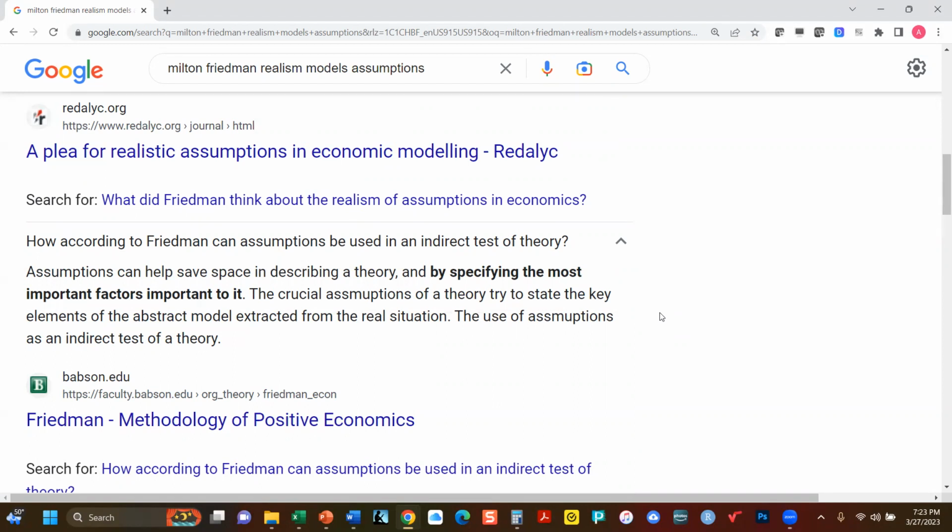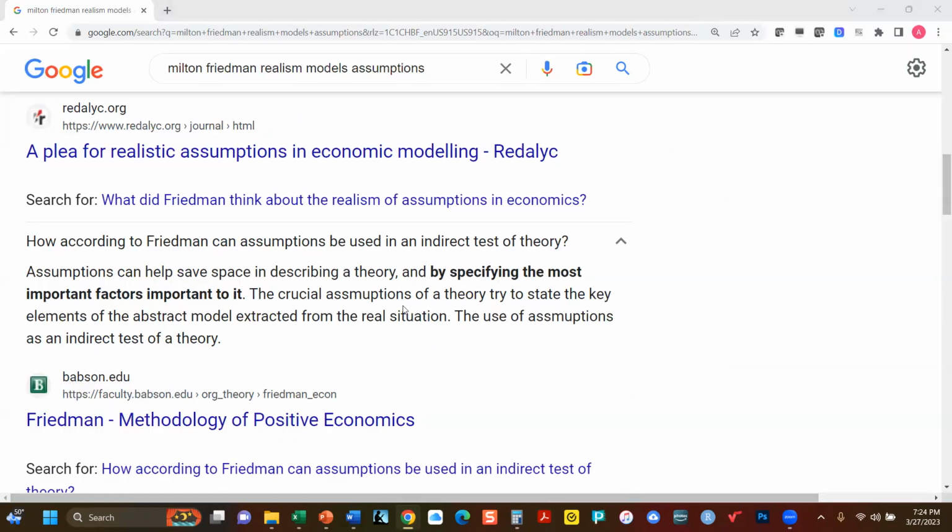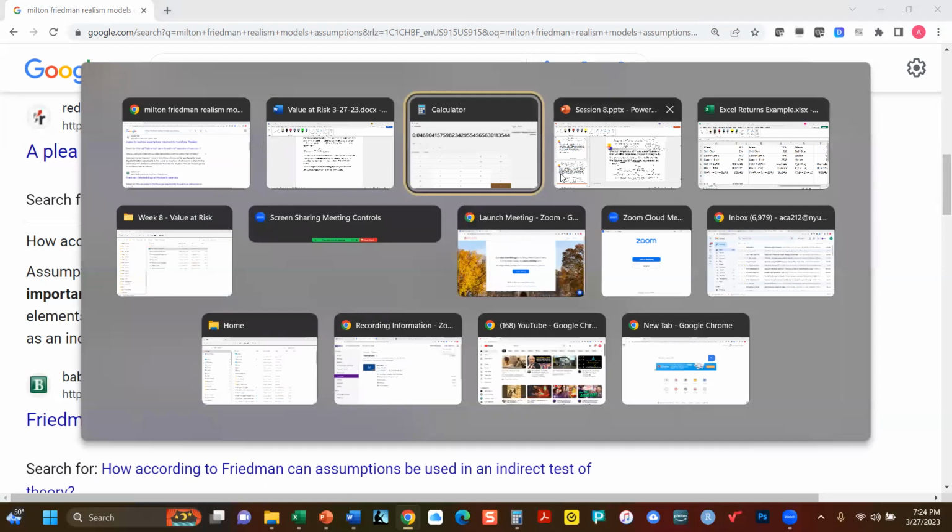So he's basically saying that a model can be useful if it works, in spite of its unrealistic assumptions. And so that's what's happening here. We know that these assumptions are not necessarily true, but by making these assumptions, we can really streamline our calculations quite a bit. And that's really important with value at risk because it can get unbelievably time consuming if we have a fairly large number of assets in our portfolio. So this is an important assumption.